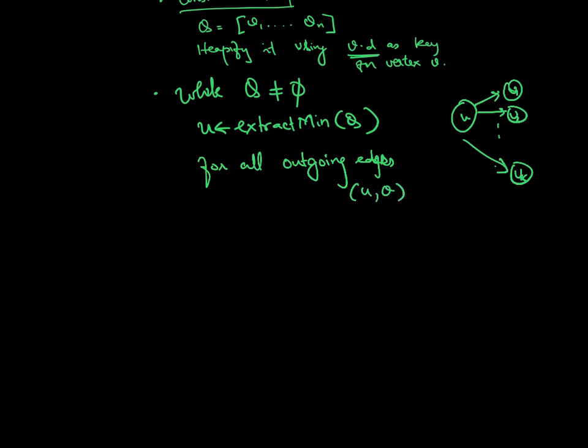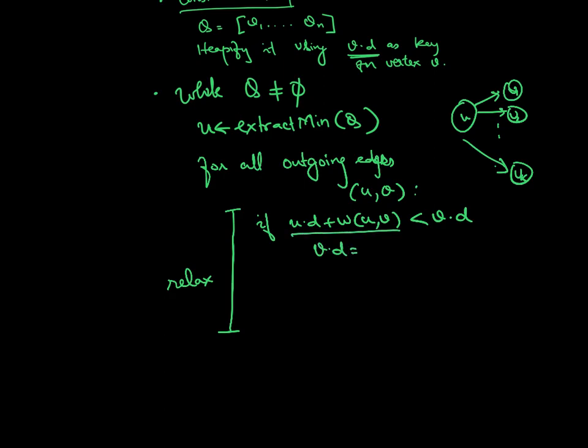For all outgoing edges uv, what? Do the relax operation, but with a small caveat that I'm going to note for you. If u.d plus the weight of uv is strictly less than v.d, then v.d must be equal to this quantity.